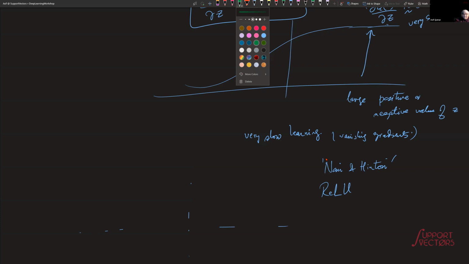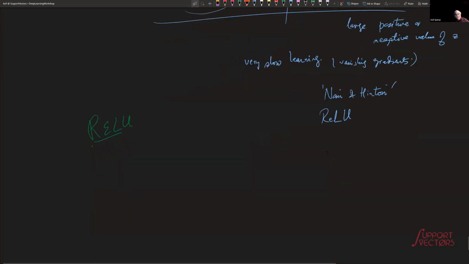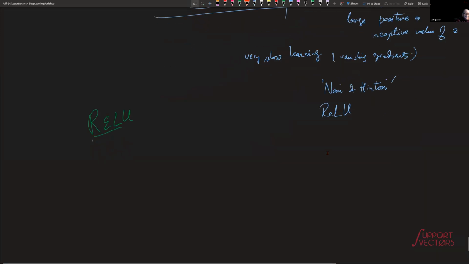So what if I took ReLU? This is a little counterintuitive, which is why it took so long for us to discover it. Because you'll realize that it puts a question mark on some of the properties that we want to have. So ReLU looks like this.